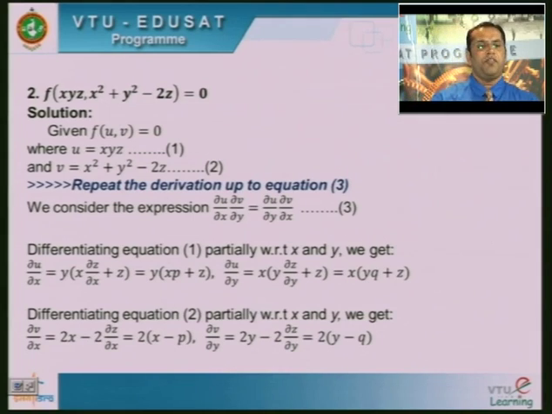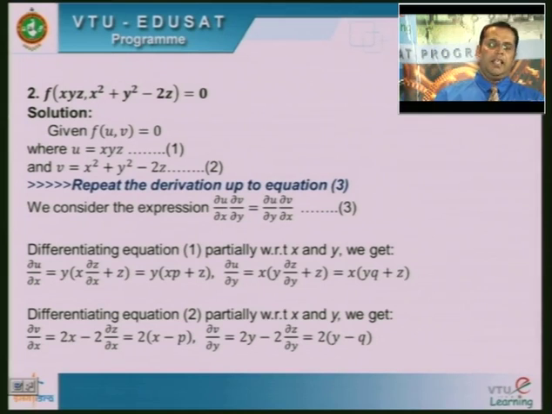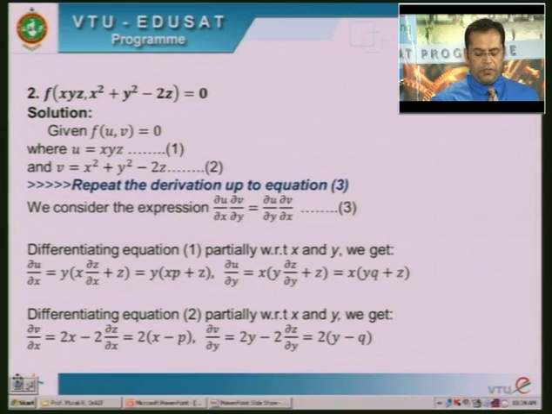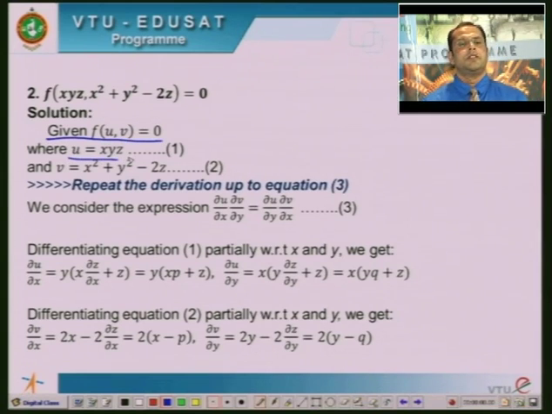Eliminate the function f from the relation f of (xyz, x square plus y square minus 2z) equal to 0. As you see, friends, again this relation is in the form f of (u, v) equal to 0, where u is the first expression xyz, v is the second expression x square plus y square minus 2z.